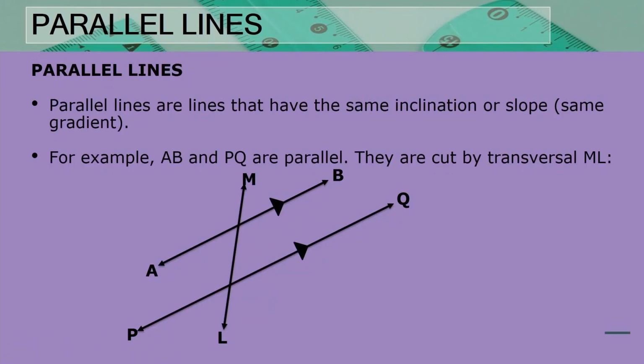So parallel lines, firstly, are lines that have the same inclination or slope. That means they have the same gradient. So for example, line AB and line PQ are parallel. They are cut by the transversal LM.